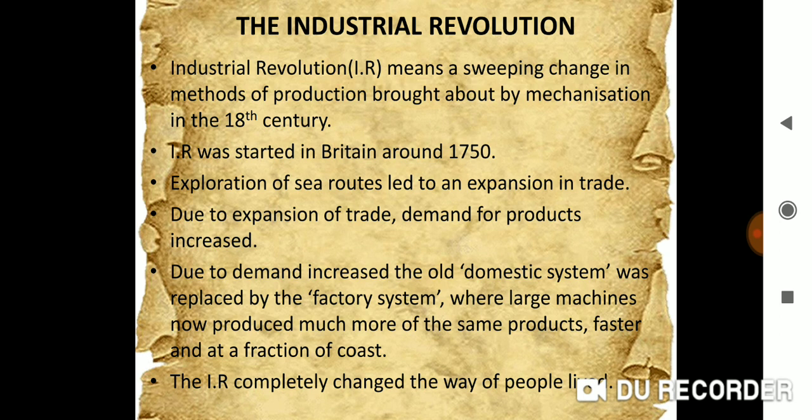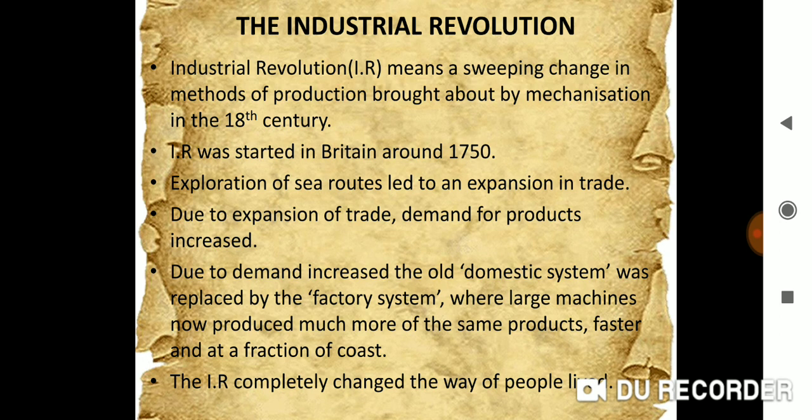So large machines now produced much more of the same products faster and at a fraction of the cost. मशीन मेड प्रोडक्शन और ये जो फैक्ट्री सिस्टम है, इसका सबसे बड़ा एडवांटेज है, ये लार्ज मशीन यूज होता है इस प्रोडक्शन में. And it was very, very fast, बहुत ज़्यादा बहुत जल्दी प्रोडक्शन होता है. And the cost is also very less.